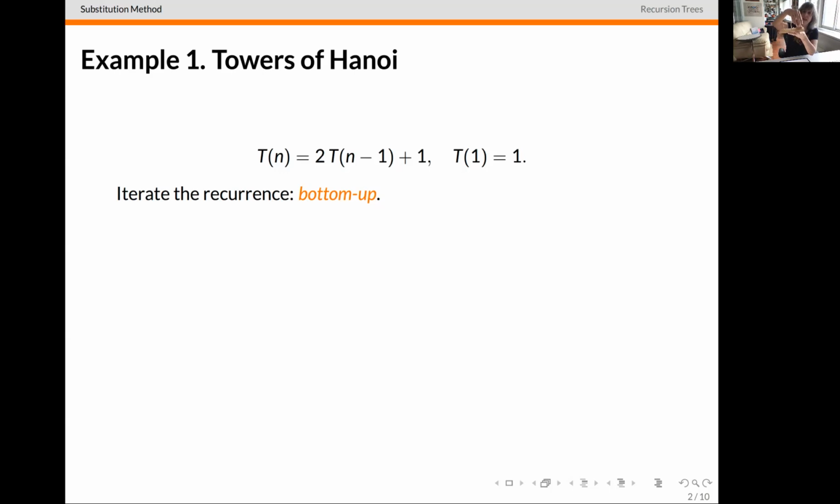Each of the subproblems has fewer disks. So we had to solve two problems with n-1 disks, and then move one disk at a time. This is the recurrence. That is the description of the recursion in the algorithm.